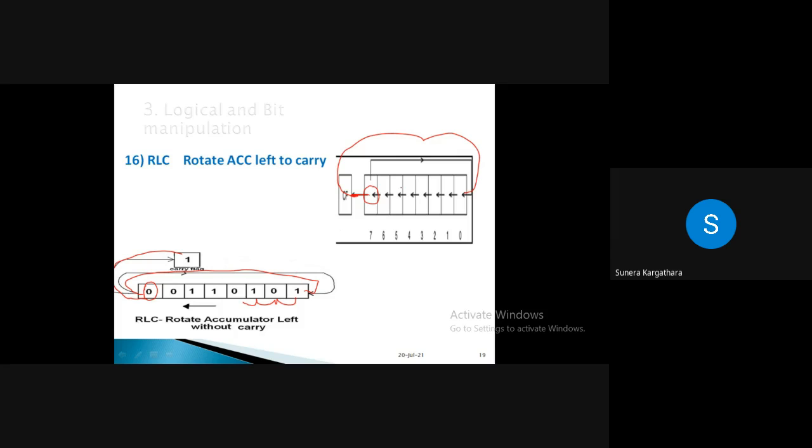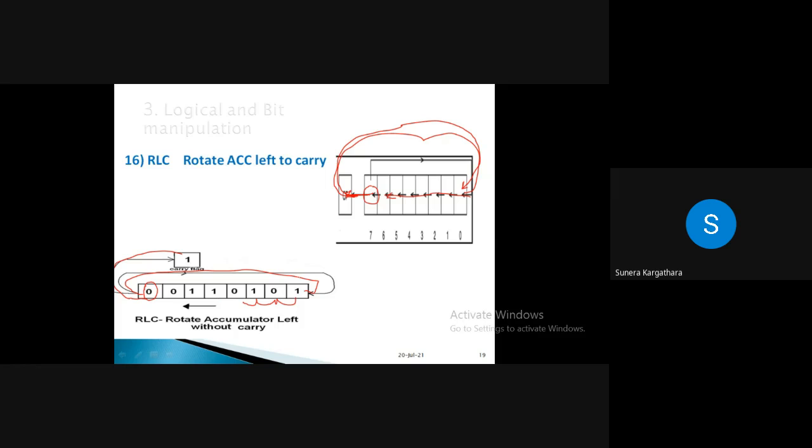In case of rotation of the accumulator left with carry, your D7 bit will be moved to the carry flag. Your carry flag status, whether it is 0 or 1, that will transfer to D0 bit. Again D0 to D1, D2, D3, D4. So in short, the whole content will be shifted from right to left, by rotation, by considering the carry.